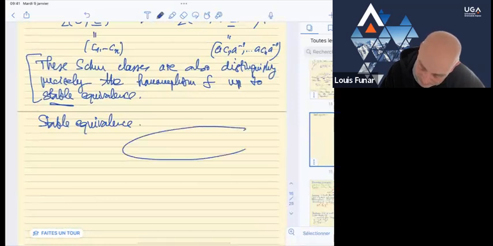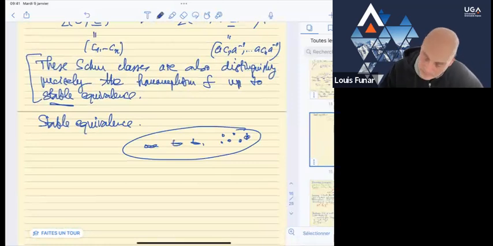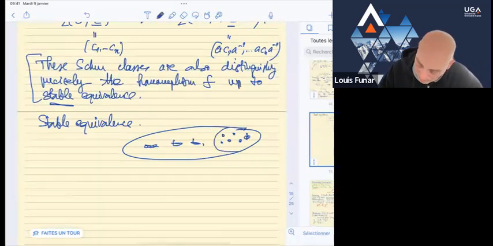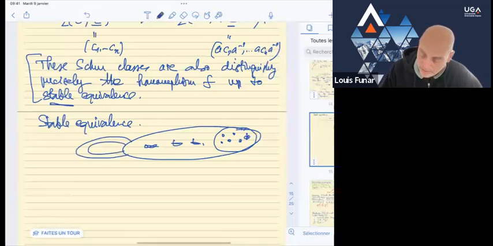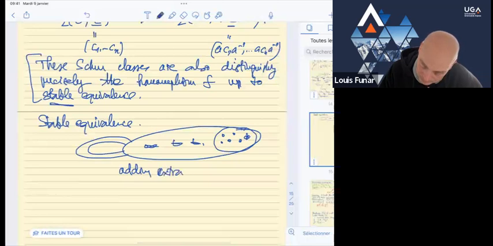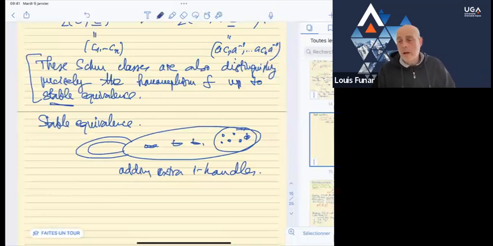So I have a surface, a number of branch points, and genus, and I don't touch at all this part, but I'm just adding extra one handles, because there are also some other kinds of equivalence when I'm stabilizing by adding more points.